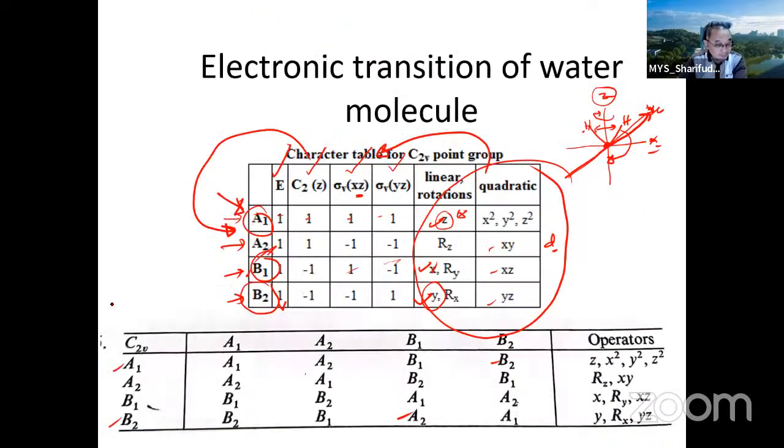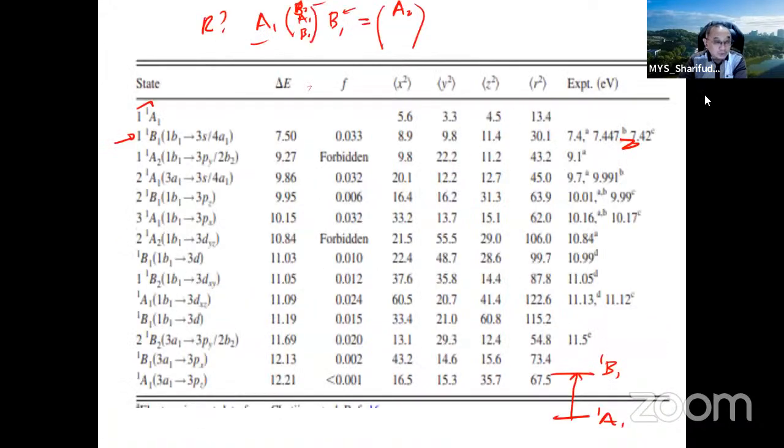The next one, A1 times A1 times B1. A1 times A1 is A1, and then A1 times B1 is B1. We put B1 there. What about A1 times B1 times B1? A1 times B1 is B1.